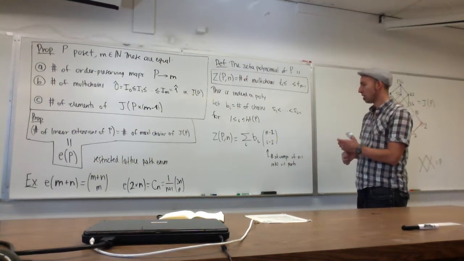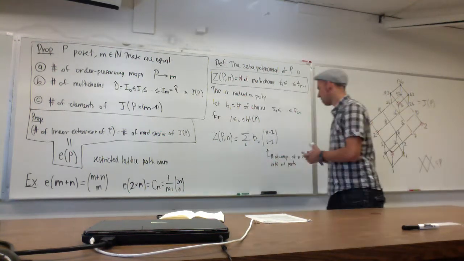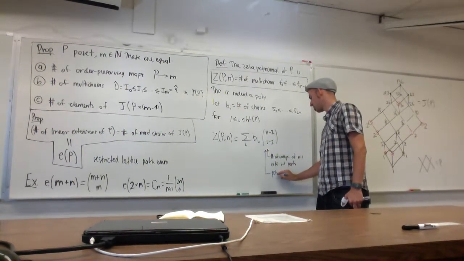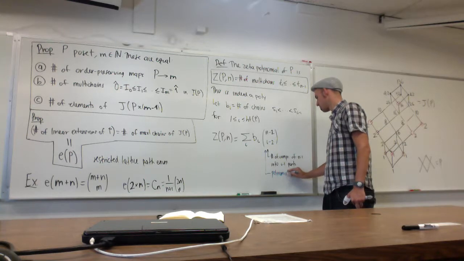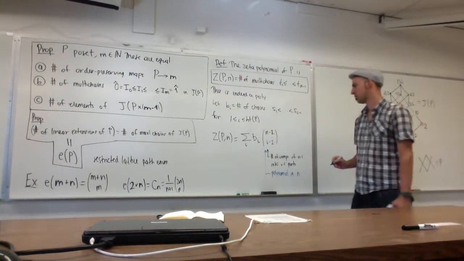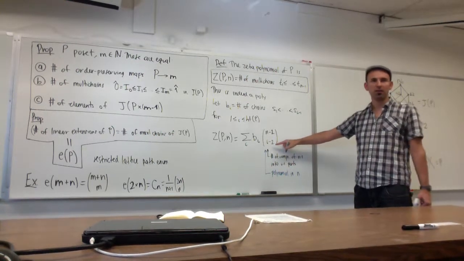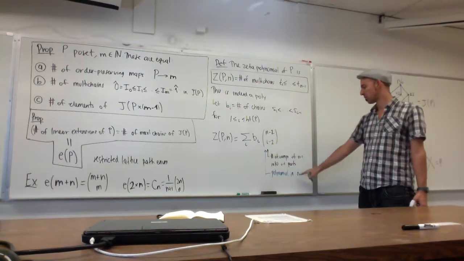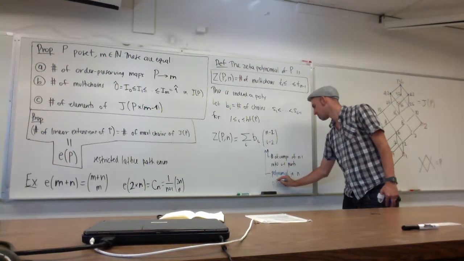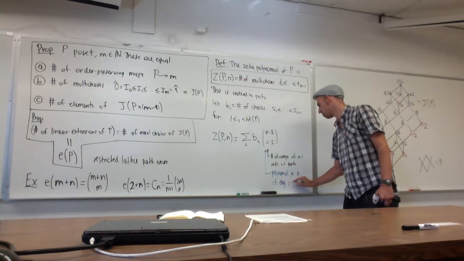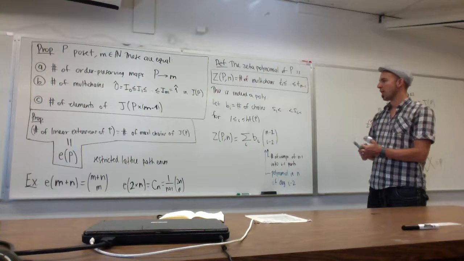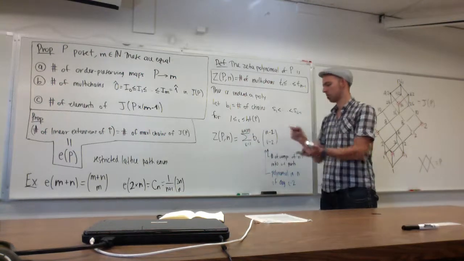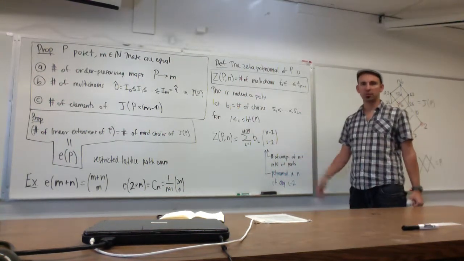And then this thing, as a function of n, is a polynomial in n. If i is some number like 5, then n minus 2 choose 3 is a cubic polynomial. In general, it's a polynomial in n of degree i minus 2. And because this is a finite sum from i equals 1 to the height of the poset, it's a finite sum of polynomials, and therefore it's a polynomial.